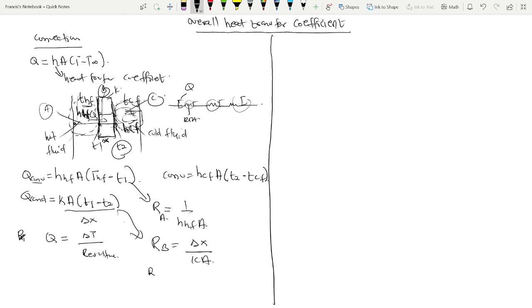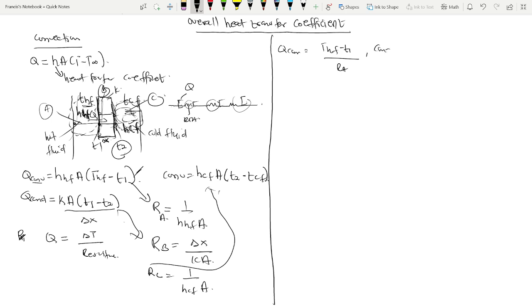And then the resistance in C, which is also by convection, is 1 over hCF times A. So our Q convection for the first one will now be THF minus T1 all over RA.